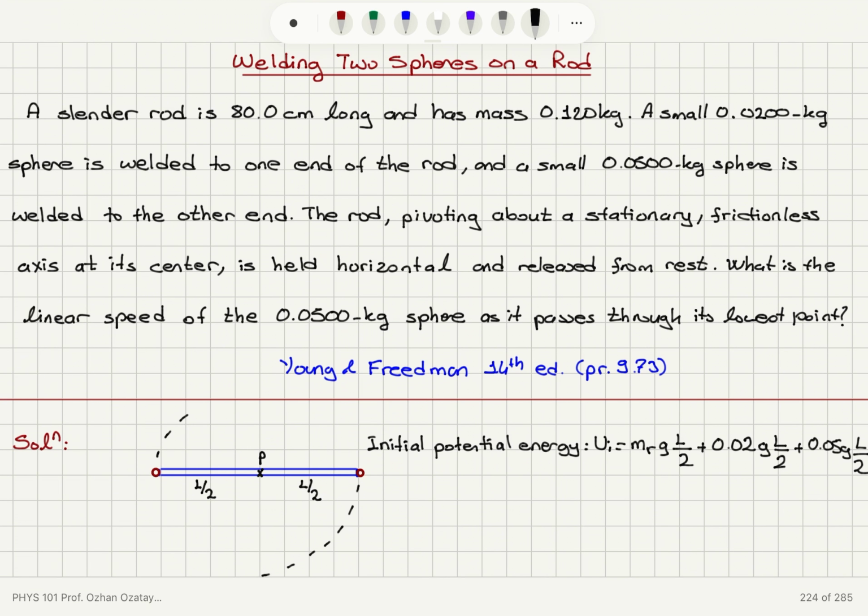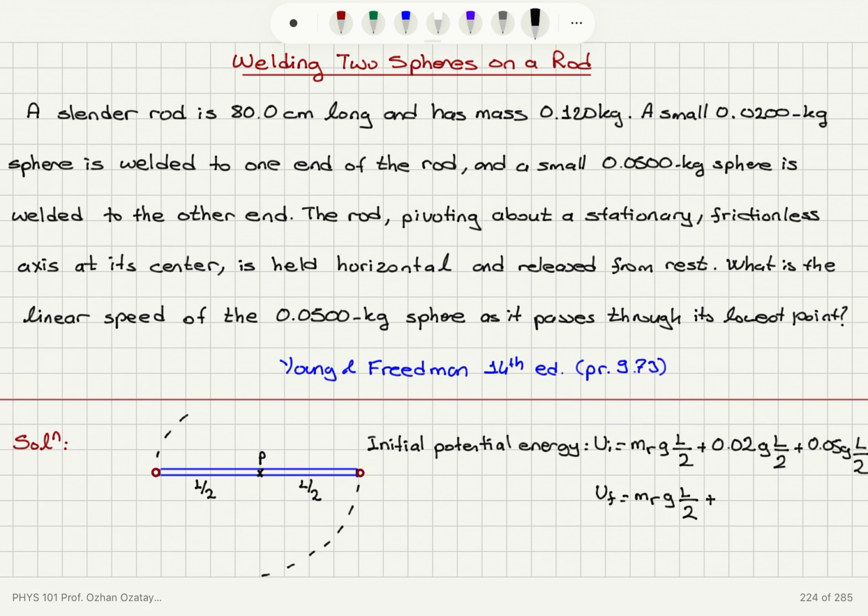So the final potential energy will be when the 0.05 kilogram mass passes through its lowest point. We will have the same potential energy for the rod, mgL/2, with respect to the center of mass.